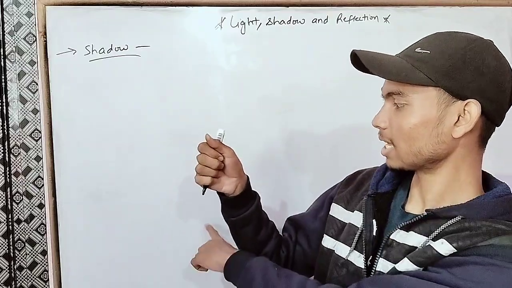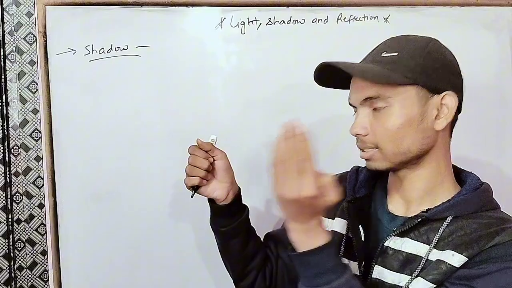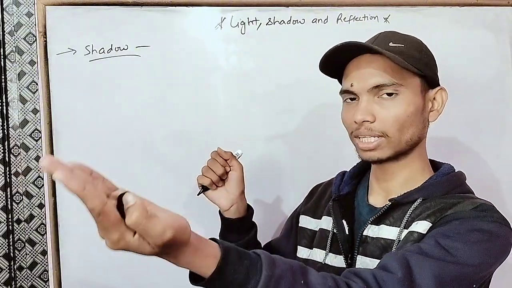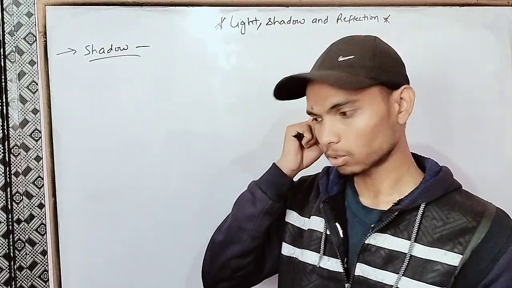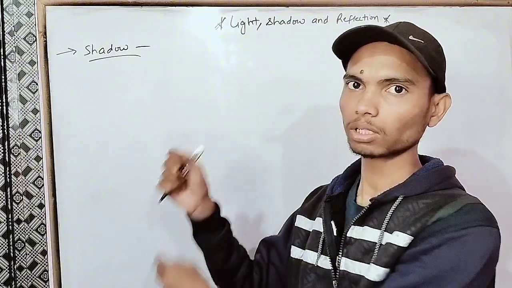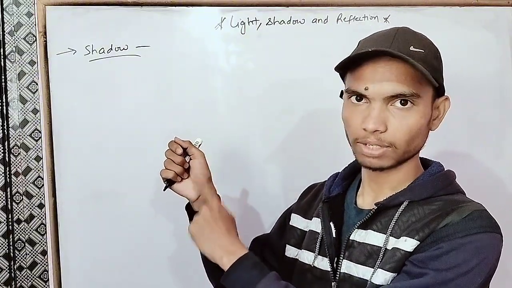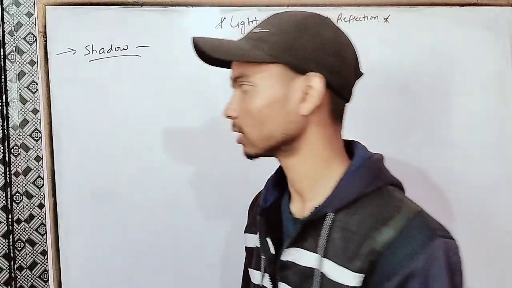This is the shadow of this hand, and the light is coming like this, and this light hits the surface of this hand, then it turns into another direction. That's why we are looking at the formation of a shadow of the hand, because light after hitting the surface of this hand is turning into another direction.